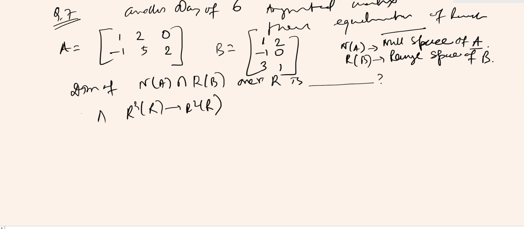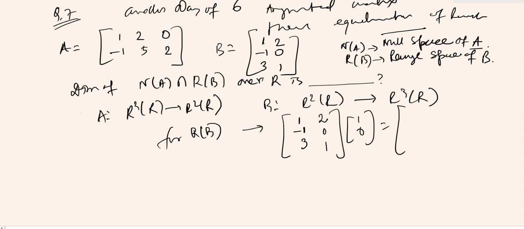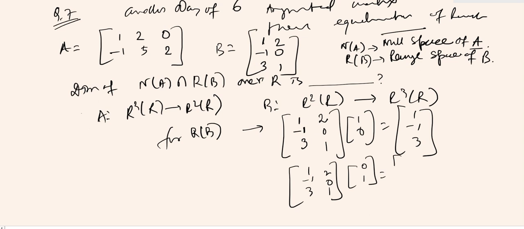Okay, this is A, and from B's point of view, for R of B, 1 0 is 1 minus 1 and 3, and 2 0 1.